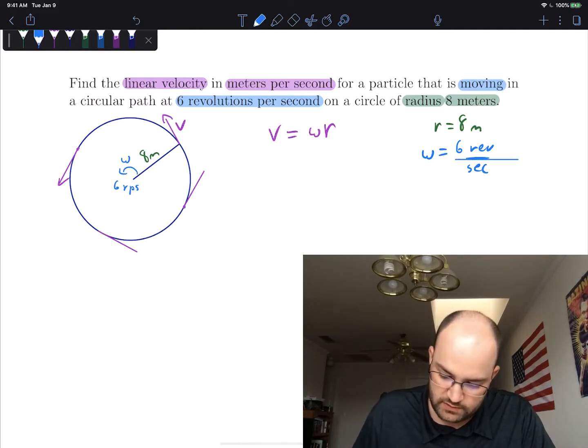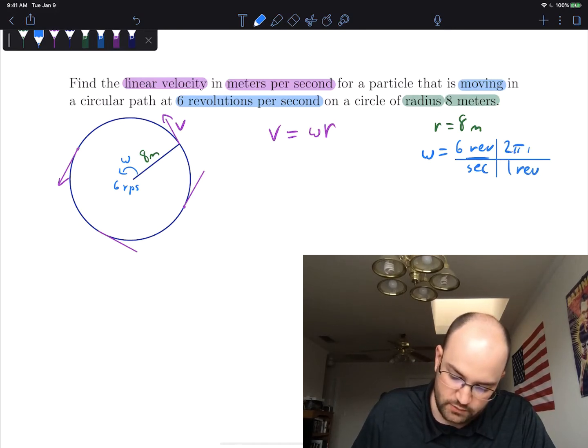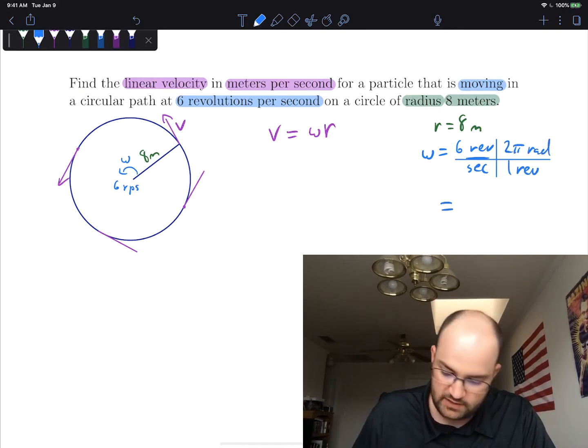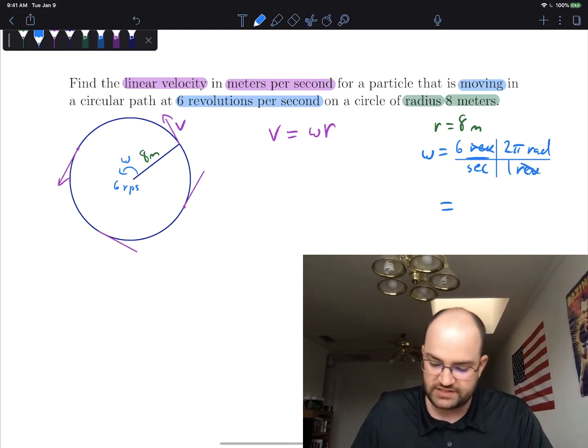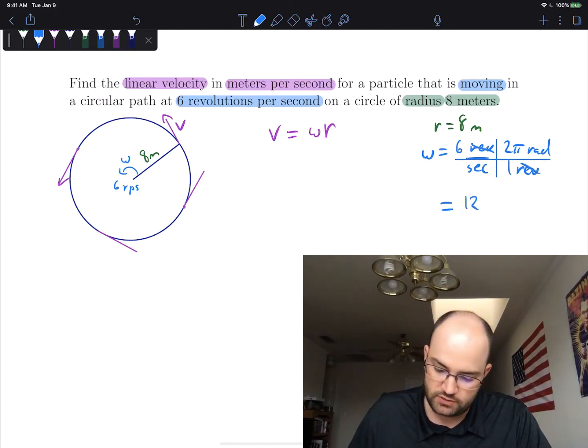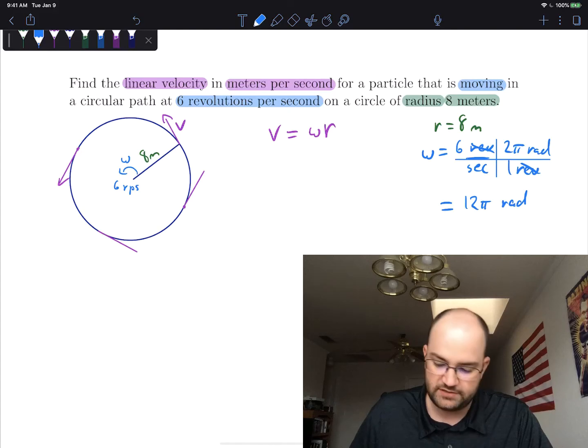So starting with our normal situation here, for every 1 revolution, there are 2 pi radians, and then just multiply straight across because the revolutions cancel. 6 times 2 pi is 12 pi radians. So this is radians per second.